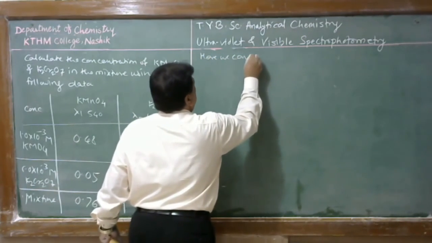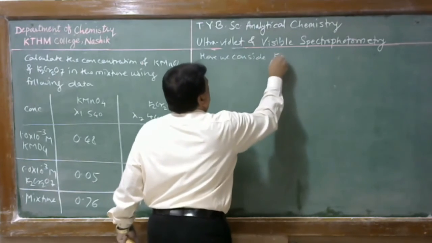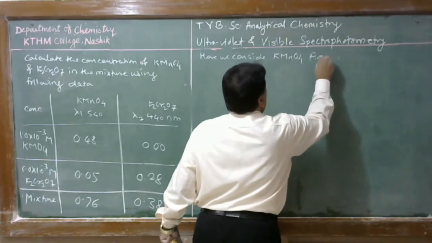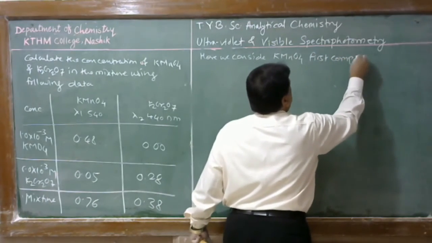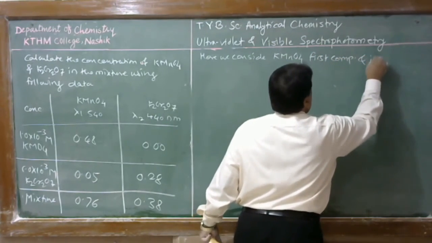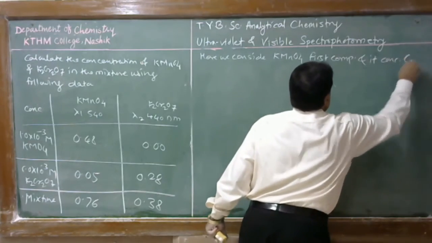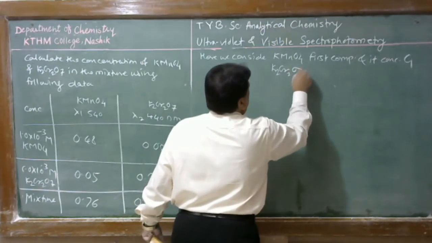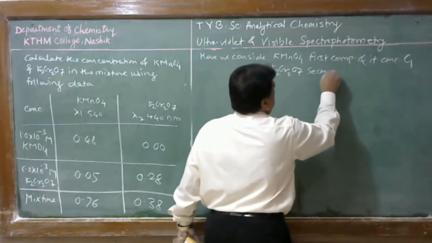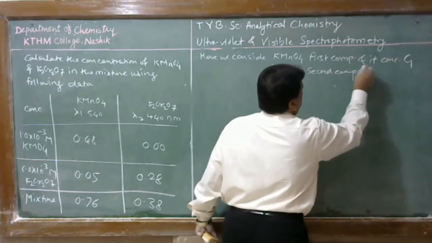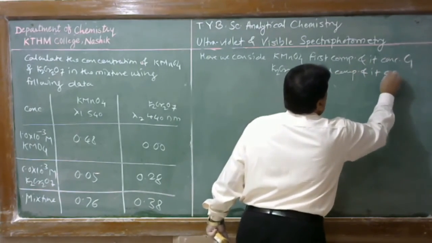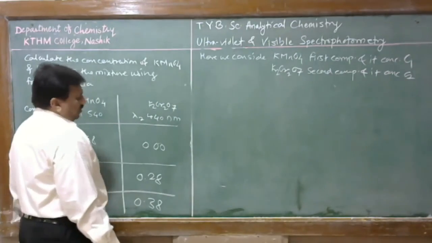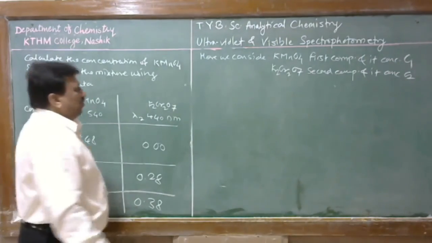Here we consider KMnO4 as the first component with concentration C1, then K2Cr2O7 as the second component with concentration C2. First of all, we have to find out the value of epsilon for both components.